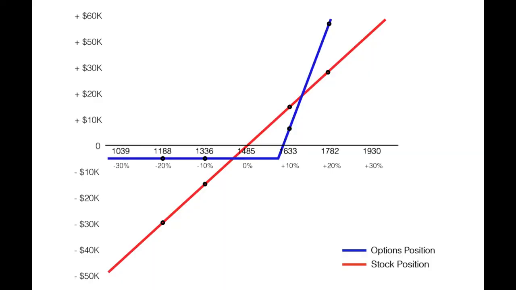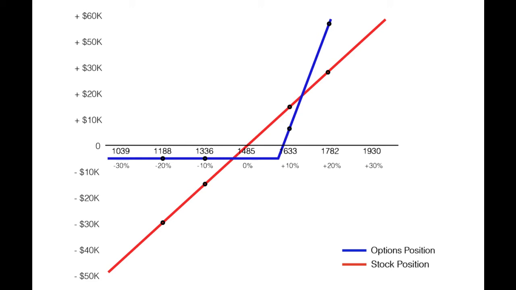In this graph here, the blue line graphs the performance of the options position, and the red line graphs the performance of the stock position. So let's say we do get that 20% jump in the stock, and it goes to $1,782 per share. Well, that would mean that if we own the 100 shares of Tesla, we would make $29,700. That's pretty sweet, right?